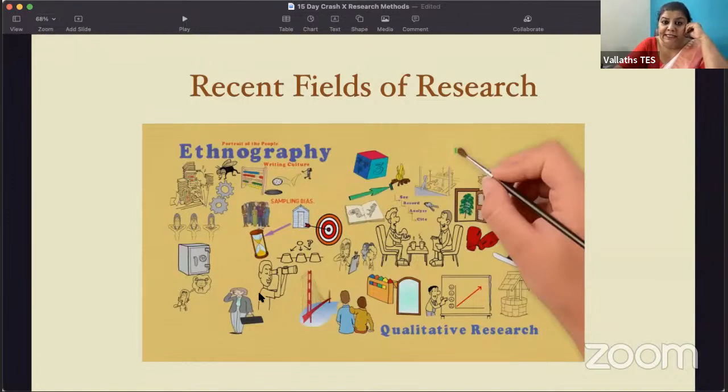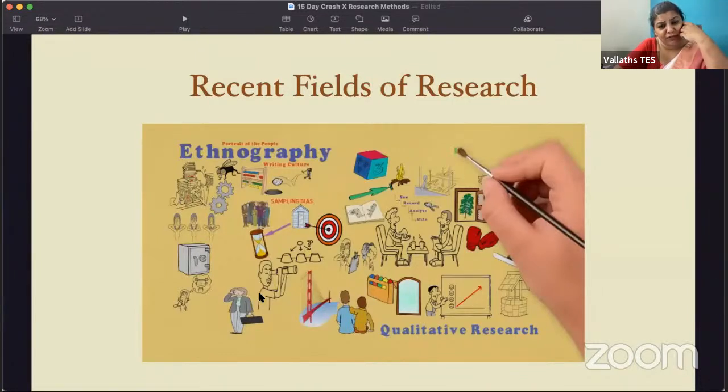Then interdisciplinary studies. Interdisciplinary studies means different subjects studied together: English and philosophy, English literature and psychology, history and economics, sociology and geography. So many humanities can be studied in an interdisciplinary manner, so they can ask you questions based on interdisciplinary research also.